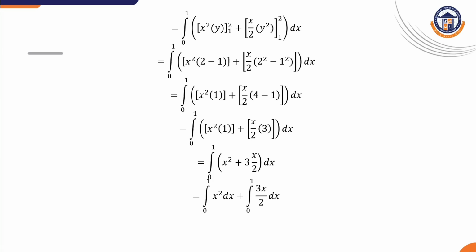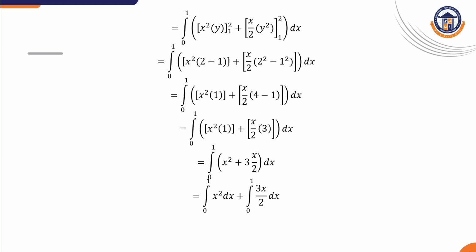We substitute the upper limit 2 and lower limit 1 for the first term, and for the second term (x/2) into 2² minus 1², dx. Simplifying, the integral 0 to 1 of x² into 1 plus (x/2) into (4 minus 1) dx. That is the integral 0 to 1 of x² into 1 plus (x/2) into 3 dx. Simplifying again, we get (x² + 3x/2) dx.